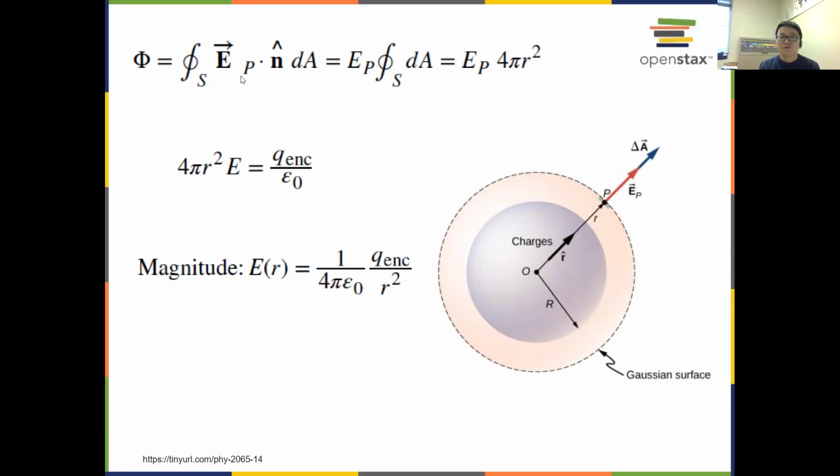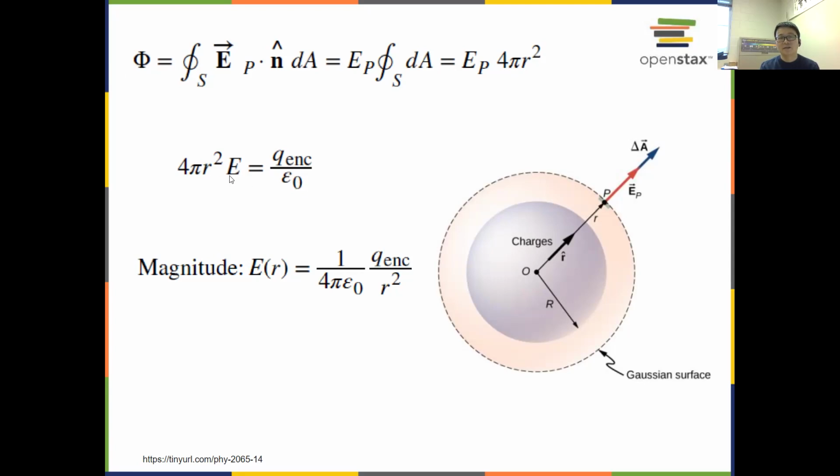So the E field over here will be constant, and you can put this in front of the integral. Then you are just integrating over the sphere, which gives you 4 pi r square for the area, right? So E times 4 pi r square should also, according to Gauss's law, be equal to Q enclosed divided by epsilon naught.